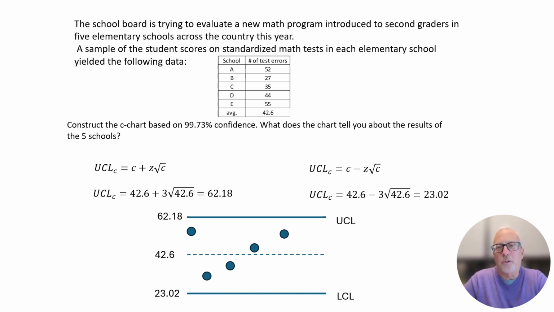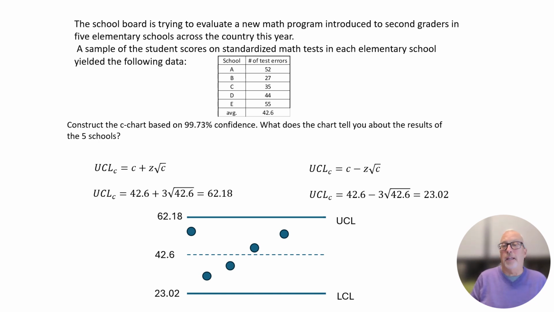You have to be a little careful here, because our control charts have always been about samples over time. In this case, it's not about time. It's about different schools. There are other situations where, if we're manufacturing tables or chairs or desks or cars, time might be a factor. We might find that later in the day, employees get tired or machines overheat and they create more errors.